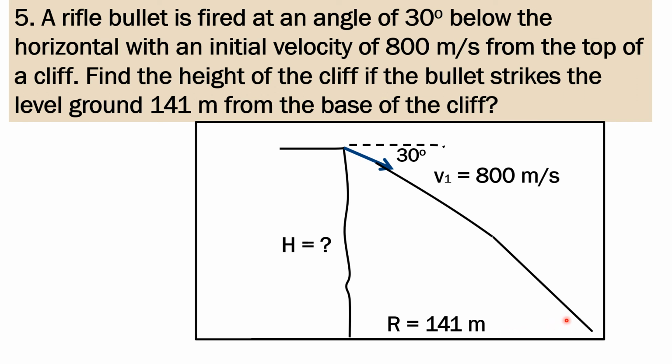Notice that nothing is mentioned about the velocity upon hitting the ground. Although we know the initial velocity, which is 800 meters per second, there's no mention about the final velocity. So what is the equation and what is the quantity that we have to first calculate? We will see.